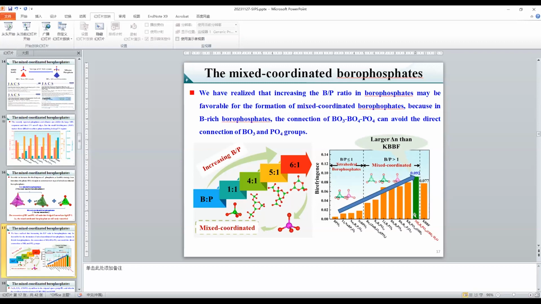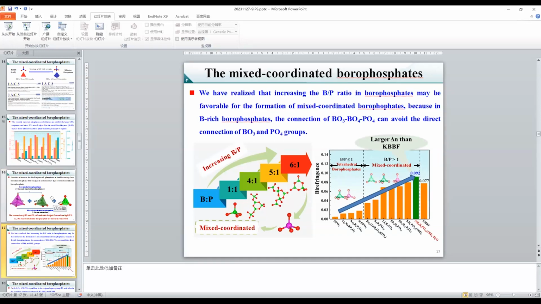In the ammonium borophosphate, we can see it has a large SHG response and birefringence. The birefringence for this compound is 0.092, which is even larger than that of KBBF. And as we know, this is the largest birefringence among all reported borophosphates.